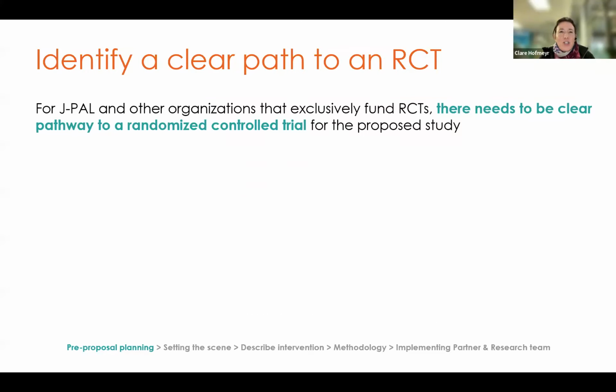But the plan and intention that you have for that exploratory work must always be that it could, or you hope that it will lead to a full RCT, and that needs to be very clear in your proposal. So we recommend strongly that that is clear in your mind before you submit any kind of proposal to JPAL.